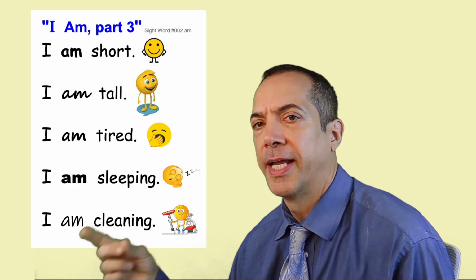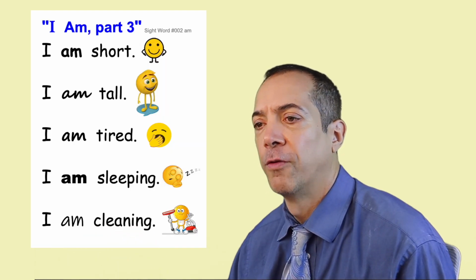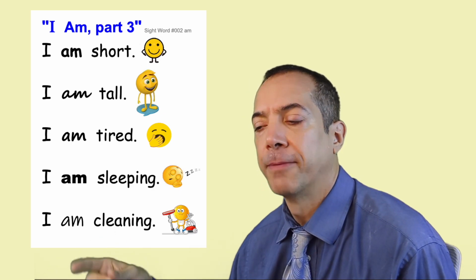What we need to do is insert grammar into a lesson in a way a child, an English language learner in particular, could understand. For example, when I teach the first two sight words, I am, first person singular subject pronoun I, form of be as a linking verb, and an adjective, I am tall.